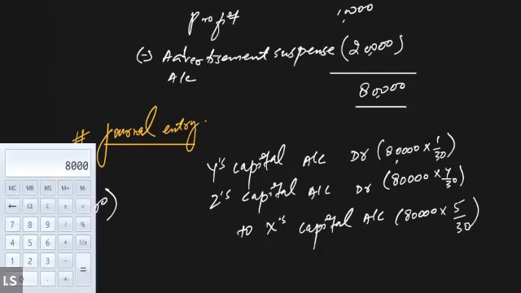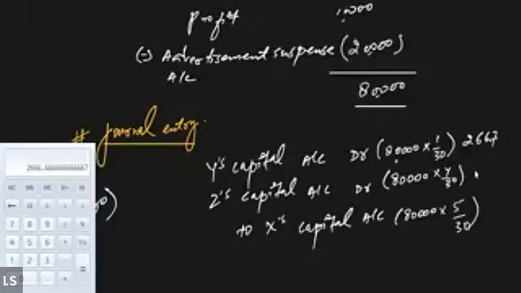So 80,000 into 1 divided by 30, it will be 2,666.66. I have rounded it off and written it as 2,667.